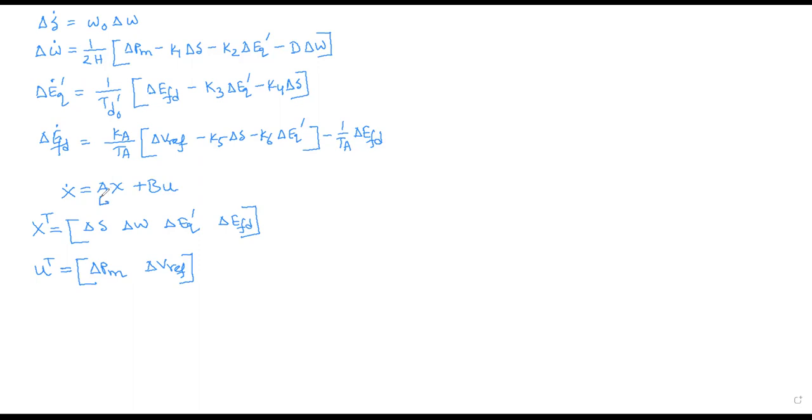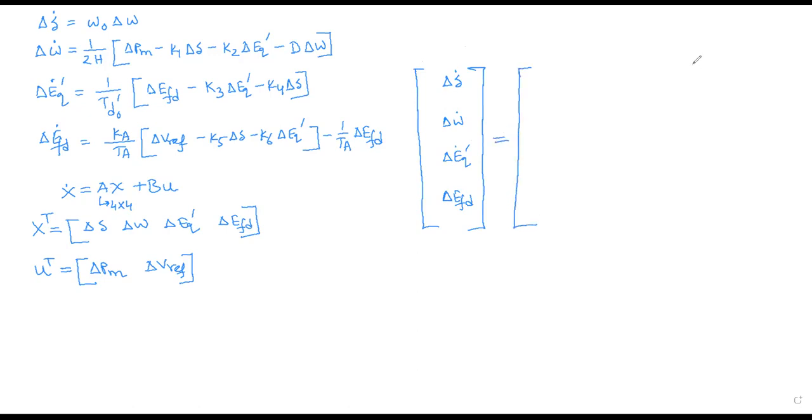So now with this, what should be the dimension of A? The dimension of A should be 4 by 4. So now let's try to form A. Okay, so we have del delta dot, del omega dot, del EQ prime dot, and del EFD dot. What should be the entries for the A matrix?